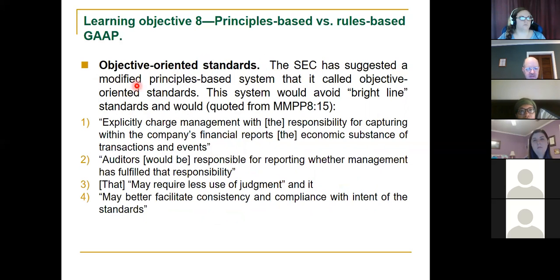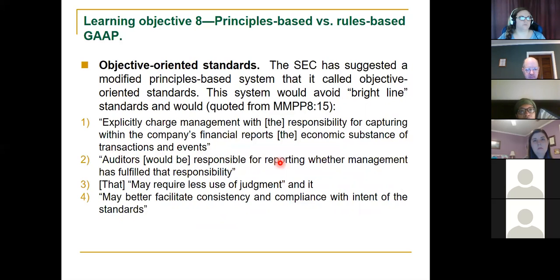The SEC has suggested a modified principles-based system that it called objective-oriented standards. This system would avoid bright line standards and would explicitly charge management with the responsibility for capturing within the company's financial reports the economic substance of transactions and events.